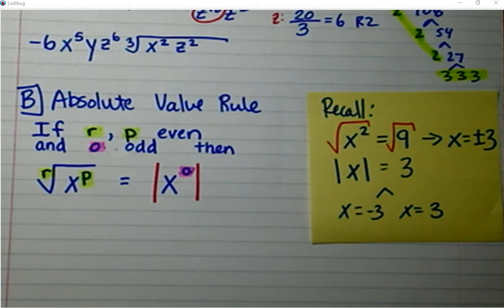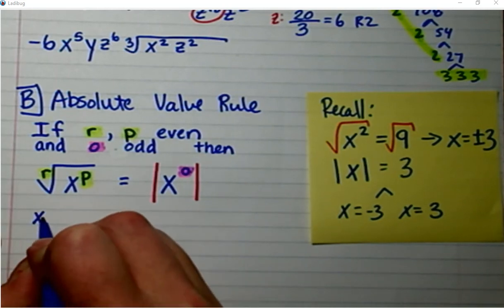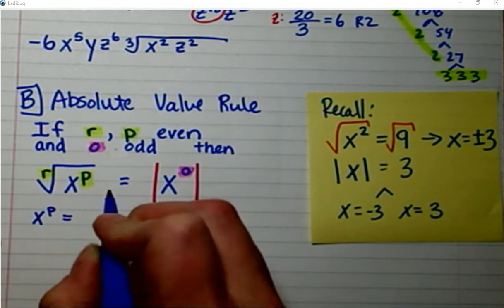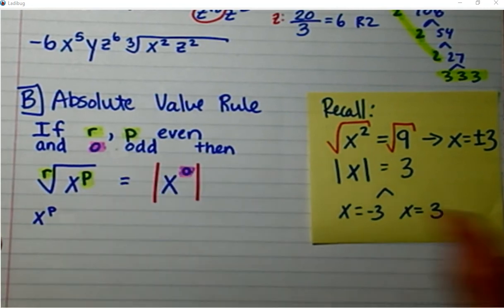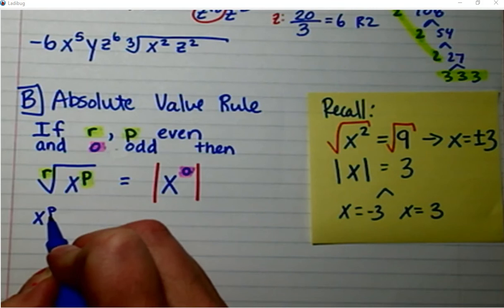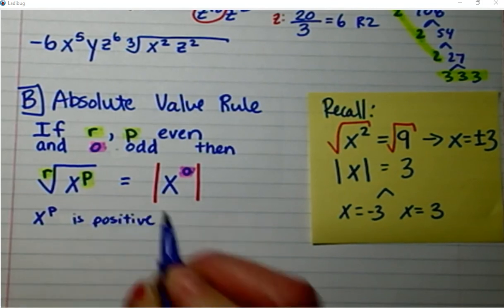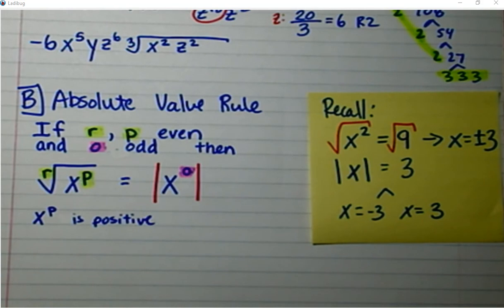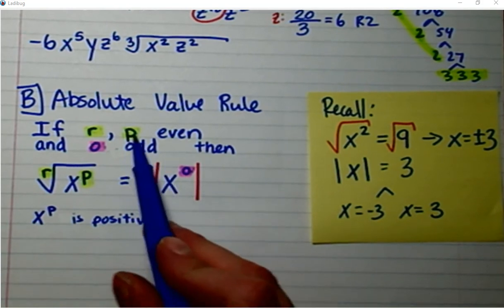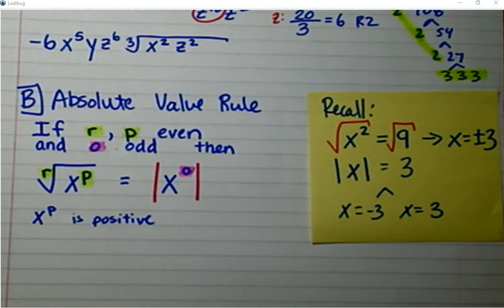You might ask, why? You might not, but you might. Okay? So, if x to the p is positive, because anything to an even power is positive. An even power definitely has a positive result. -4 squared is 16.